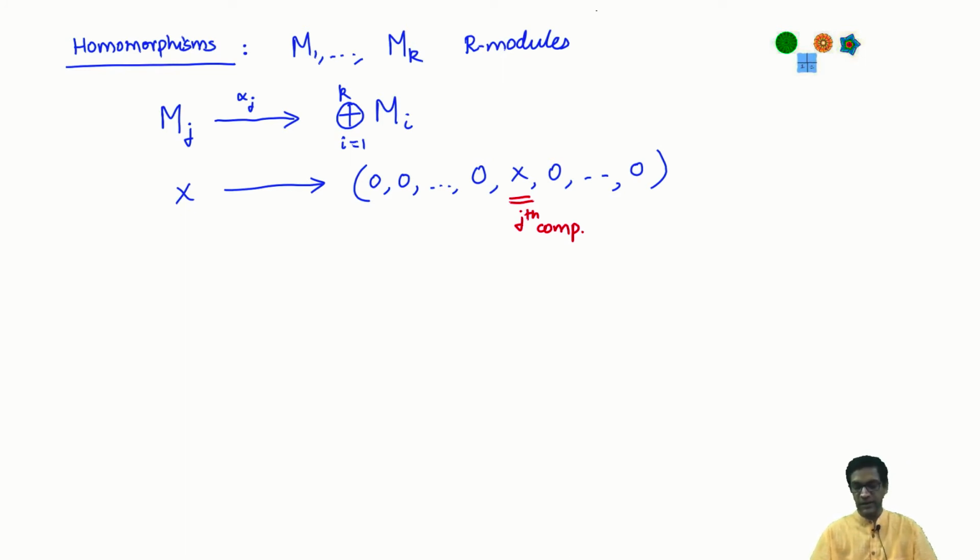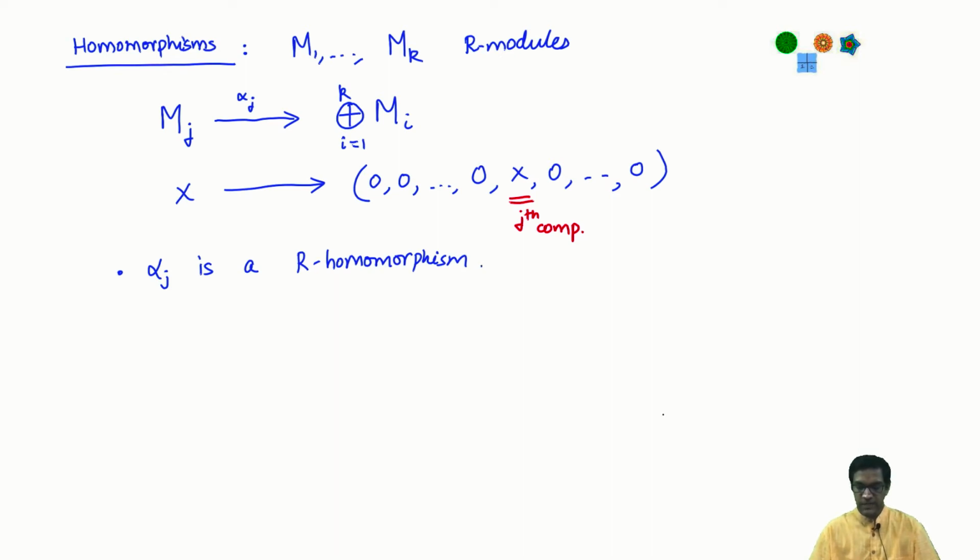This is a well-defined map, and as is clear because the right-hand side has all component-wise operations, it's clear that alpha_j is an R-module homomorphism. Because addition goes to addition, x + y goes to x + y on the right side, and similarly when you multiply by r on the left side, it goes to multiplication by r on the right side.